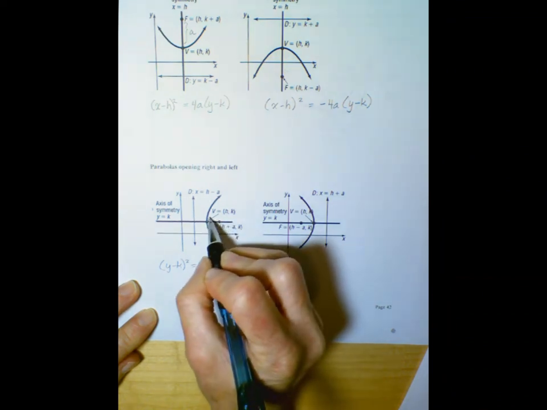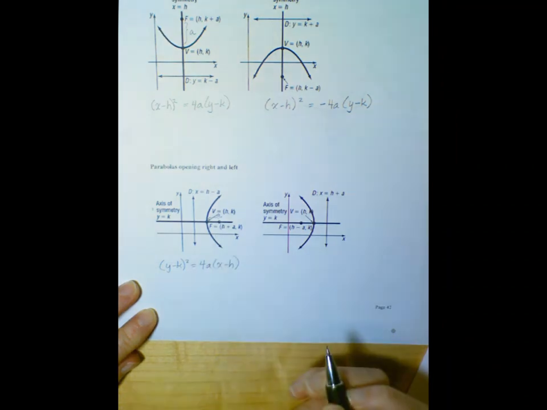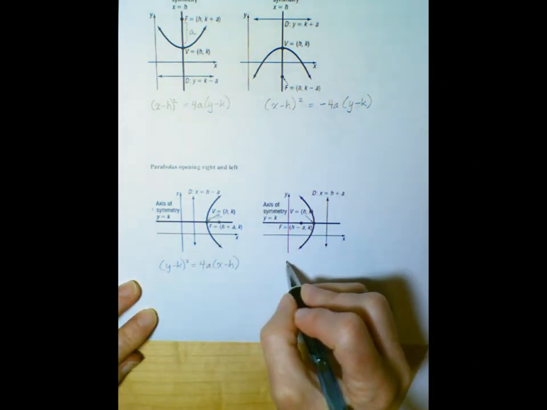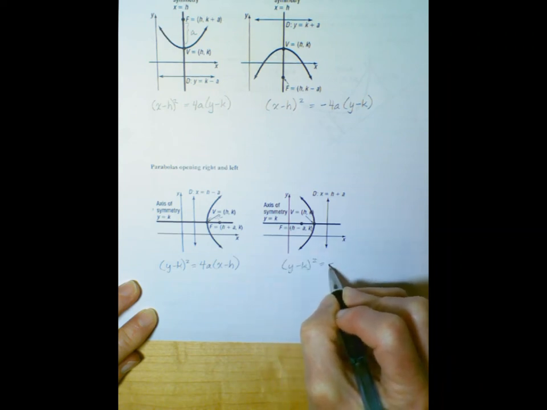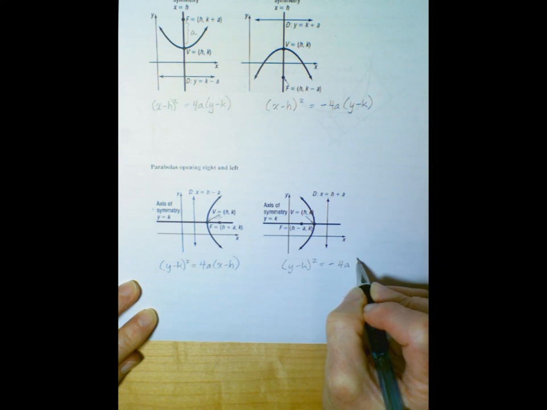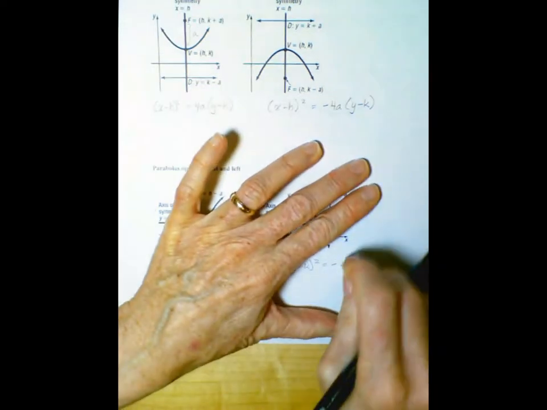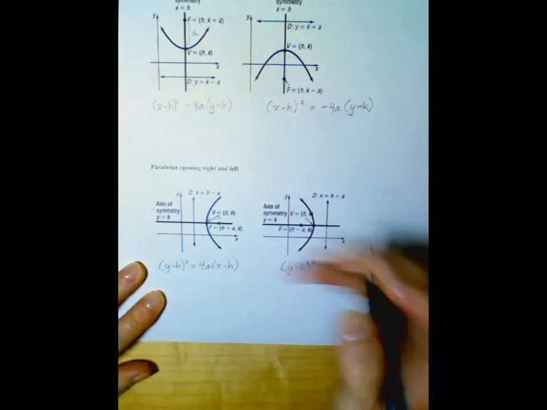And this distance here is our a, from vertex to focus. And of course, to make it flip to the left, I'm sure you know what happens. It's (y minus k) squared equals negative 4a times (x minus h).